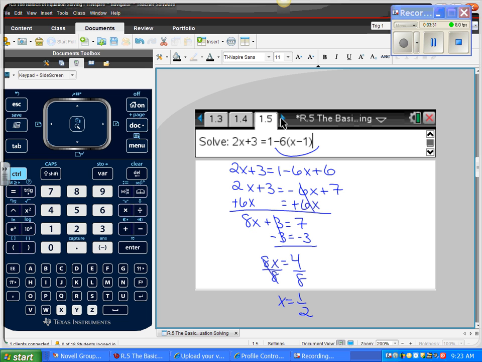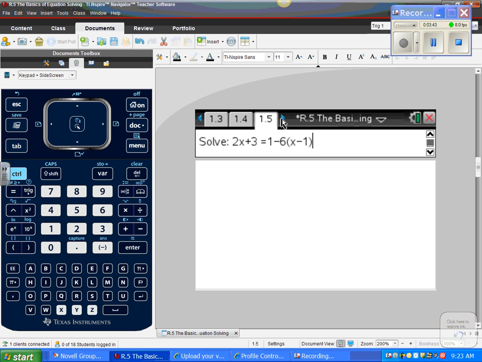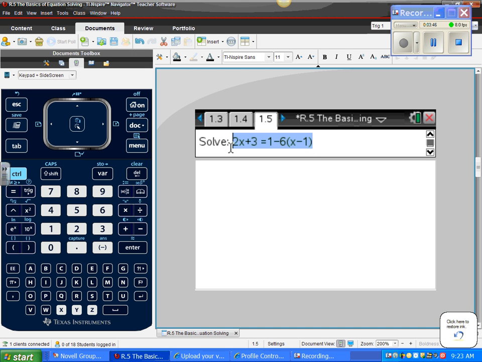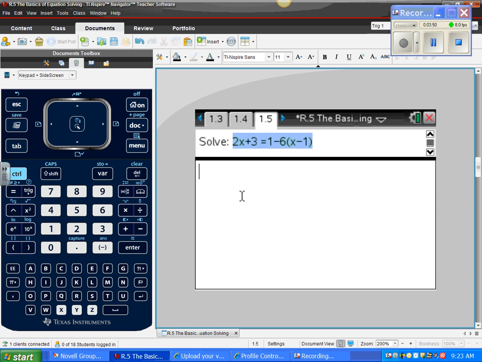Of course, you should be able to check this with no problem at all, and here's how we're going to do that. X is 1/2. I'm going to make this go away, so if you need to pause it to get the work done, please do it now. I'm going to take this because this is what I'm interested in. I'm going to copy this, and I'm using my shortcuts because I can.